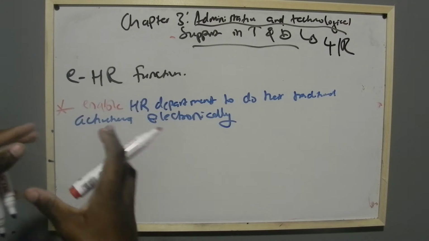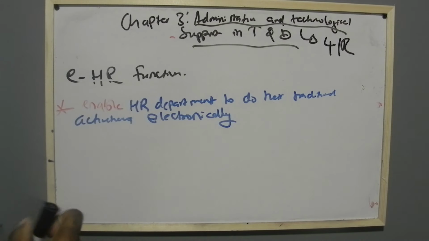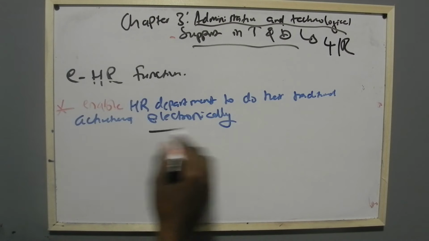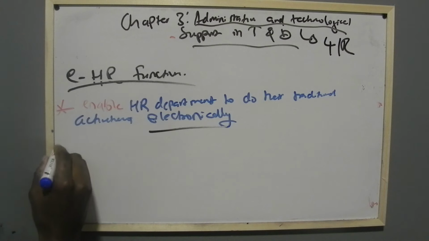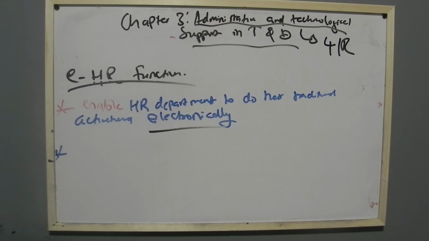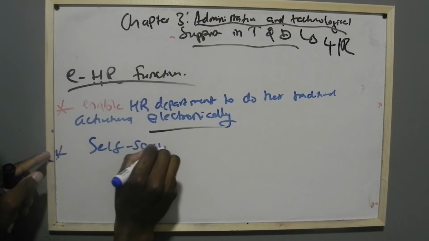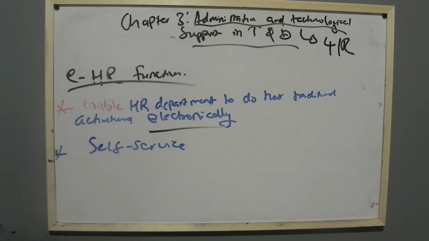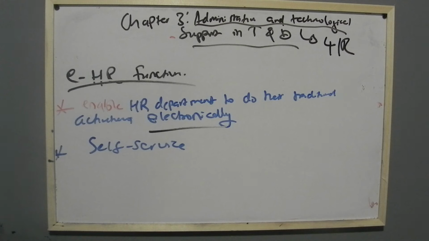So now the HR function helps the organization to perform such activities electronically. Looking at point number 2, it allows self-service. That means the HR function allows self-service.